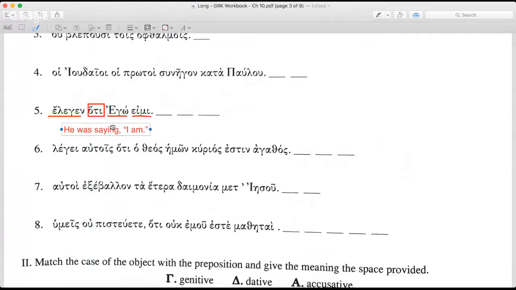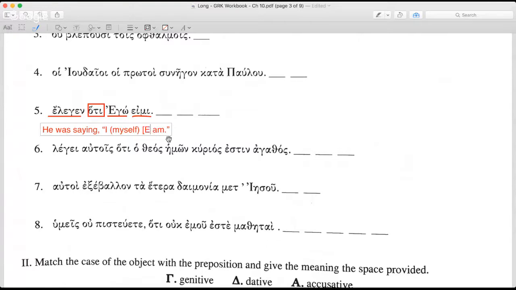Or you might translate it, I myself am, if you wanted to communicate the significance of the presence of the ego. So what do you see here? Is that an emphatic pronoun? Yeah, so we definitely have an emphatic pronoun here with the I. That's what we were trying to communicate with the myself here.